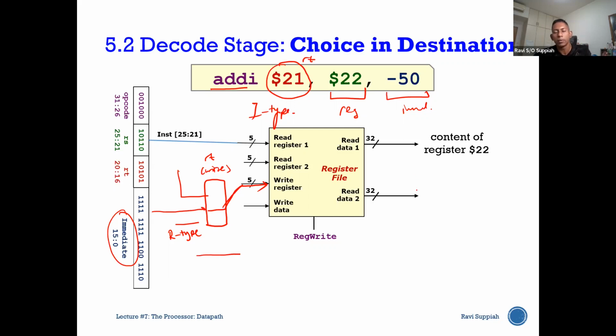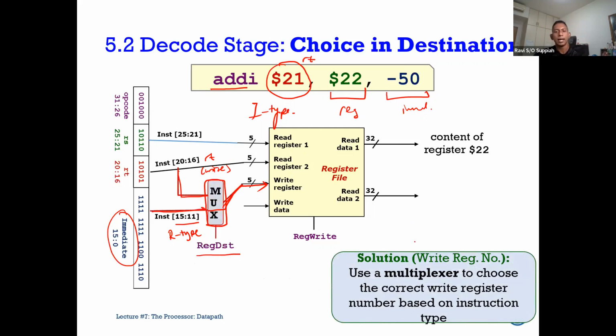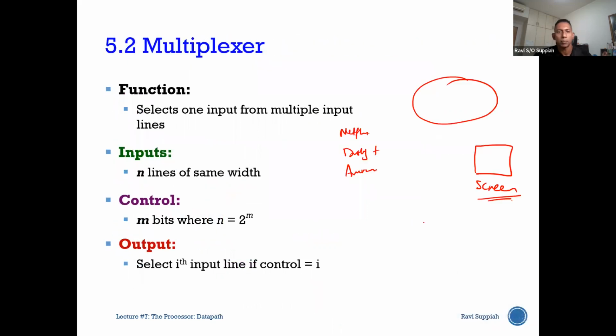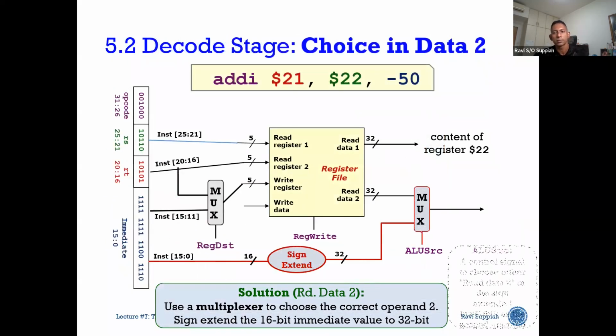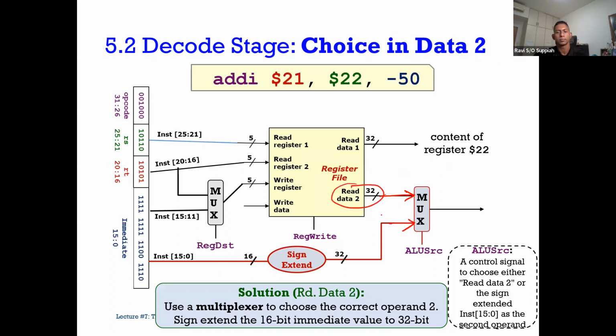So I now need to be able to specify that, and that is by using another multiplexer here. So what does this other multiplexer do? It can now select between 2 different possible inputs. One is the second data from the register file, or the other option is the immediate value.